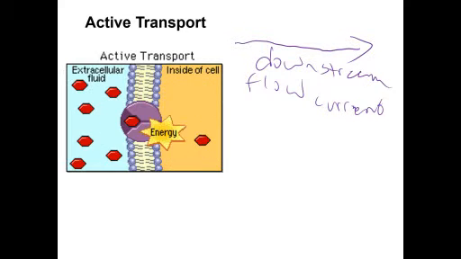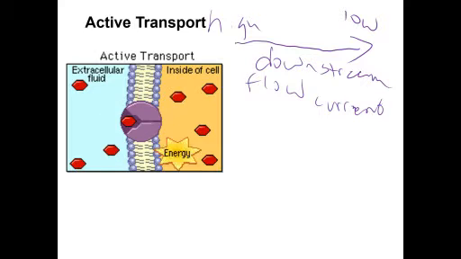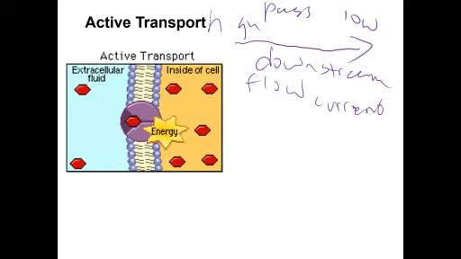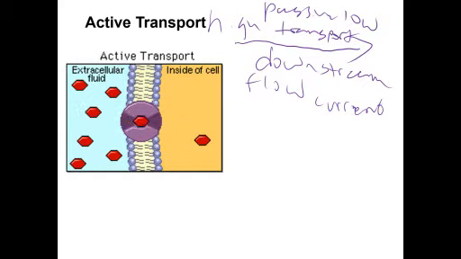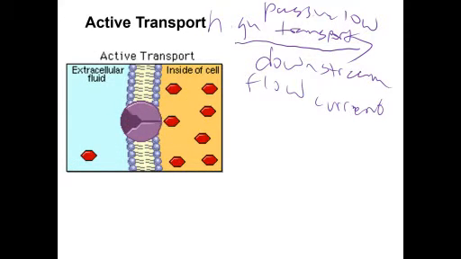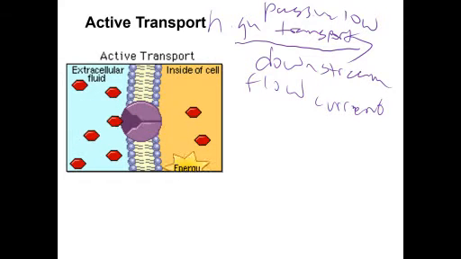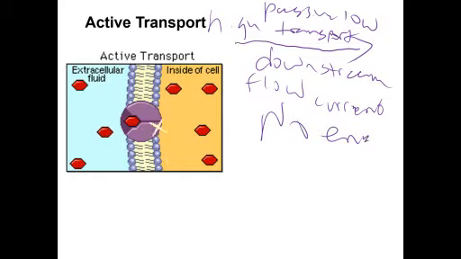So in this case you're going high to low. So this is passive transport. You can just kind of lay back, chill out, and you're going to go downstream. Not a problem. And you don't have to even exert any energy. So, no energy input.